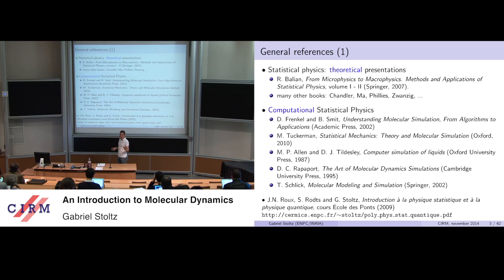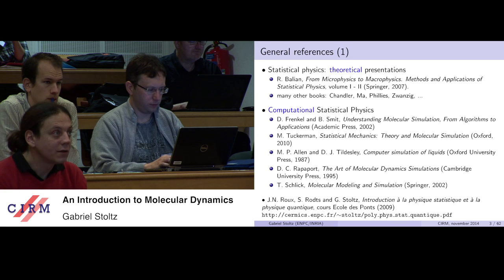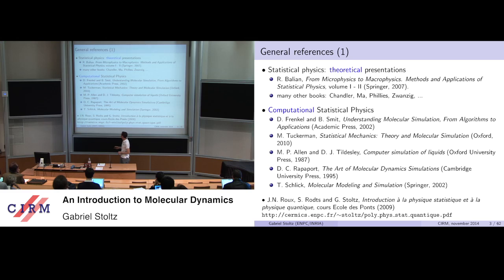So I'll hand out the slides, so you don't have to note down everything, but I like to start with lots of references if you want to enter the field. So there are theoretical statistical physics books, which are nice because everything is closed formulas and so on, but it's not computationally clear how to do that.